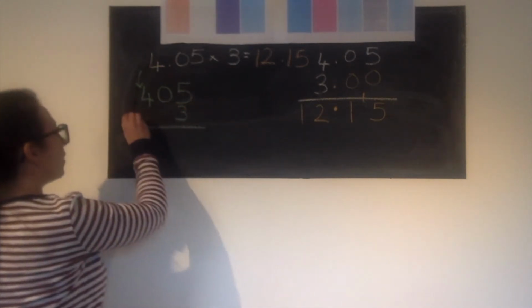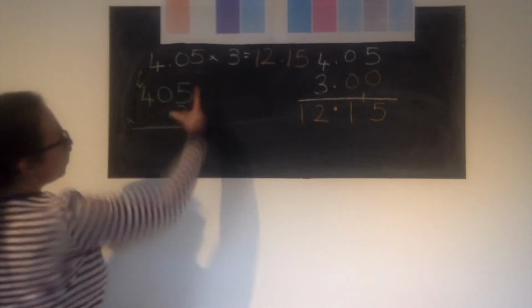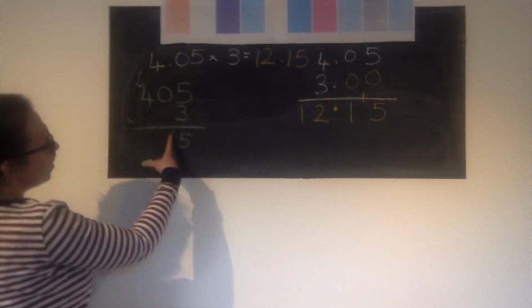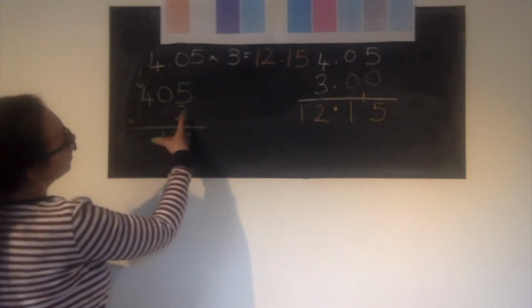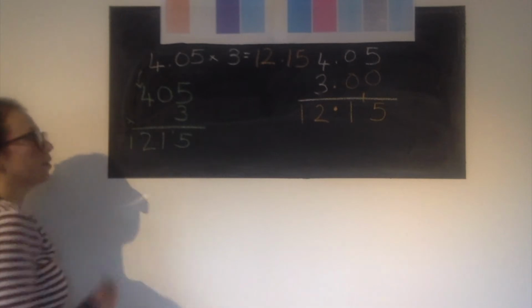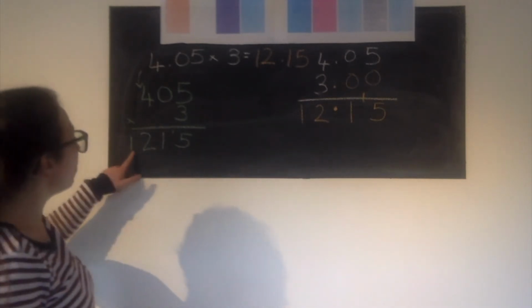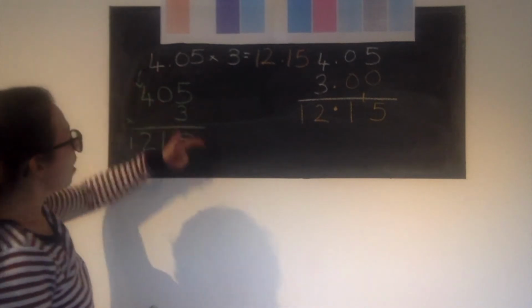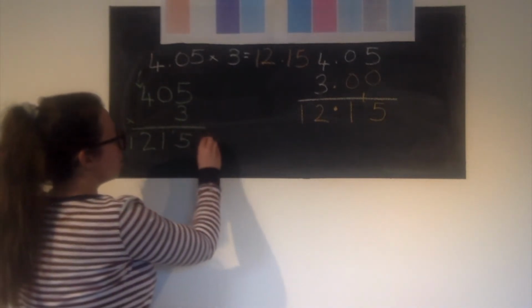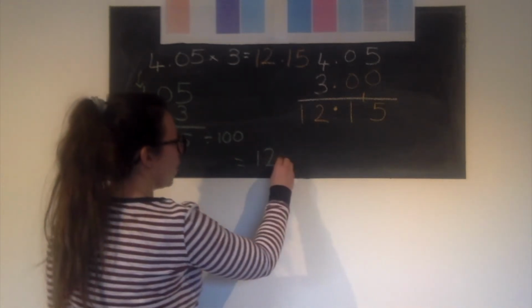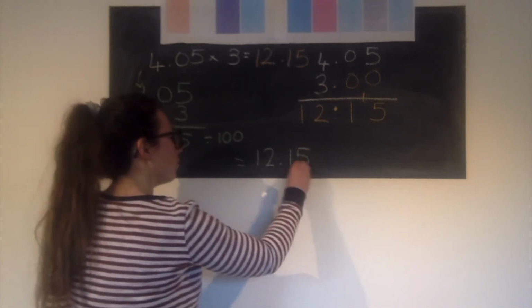In my column method, just like we've practiced, 3 times 5 is 15, 3 times 0 is 0, add my 1 ten, 3 times 4 is 12, that's 12 hundreds, so it goes in my thousands. So I would have 1,215. Because we made it 100 times bigger, I would need to divide my answer by 100, and I would get the same answer of 12.15.